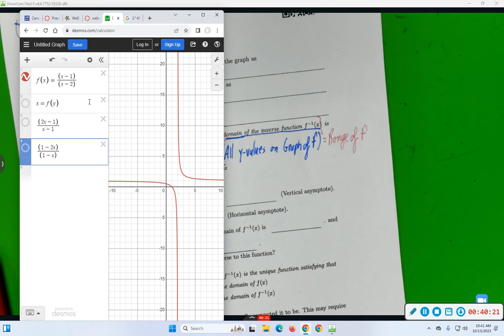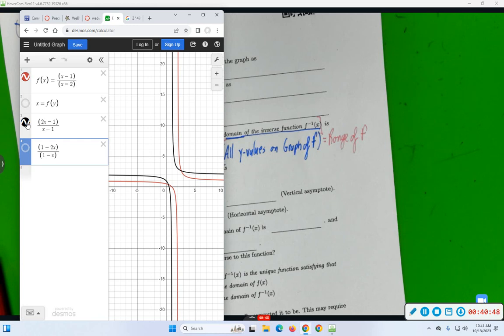It's also the location of the vertical asymptote, either graphically or algebraically, depending on what you like. There's the graph of the inverse function. What's the only thing that that graph does not hit? 2. This function happens to have the property that it never attains its horizontal asymptote. So this fact holds up. The domain of the original is the range of the inverse.